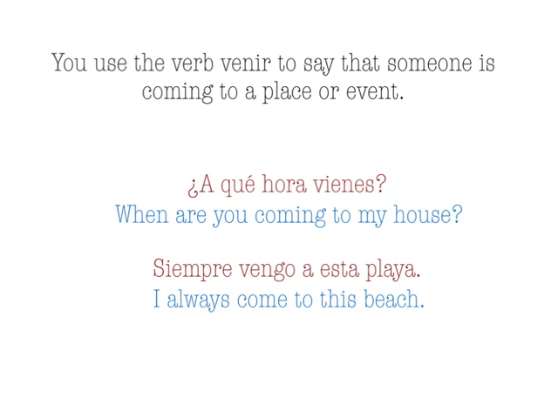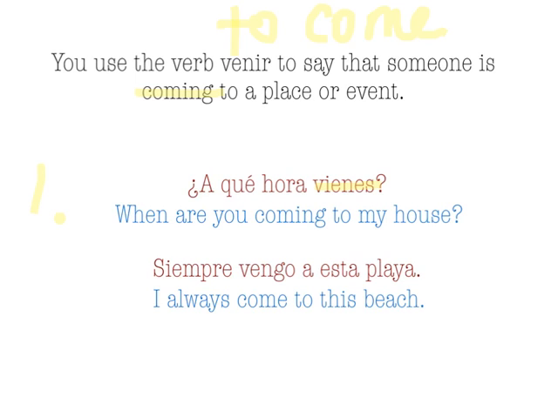Okay, so first of all, I want to talk about how we use the verb venir, as in when do we use it? How do we use it in a sentence? So we use the verb venir to say that someone is coming to a place or event. The verb venir means to come. So here are a couple of examples. ¿A qué hora vienes?